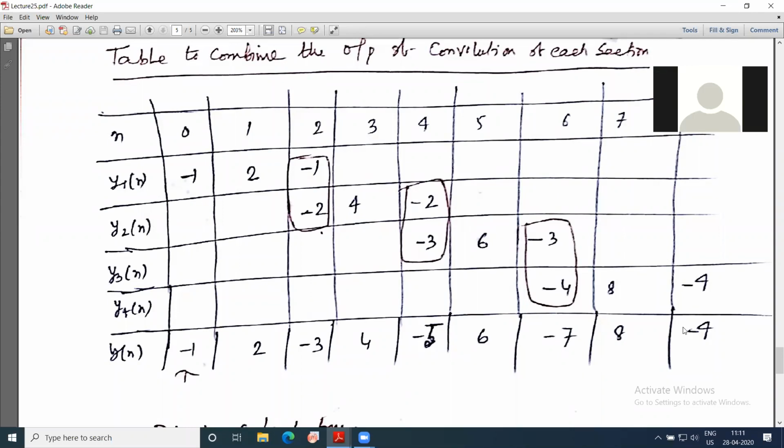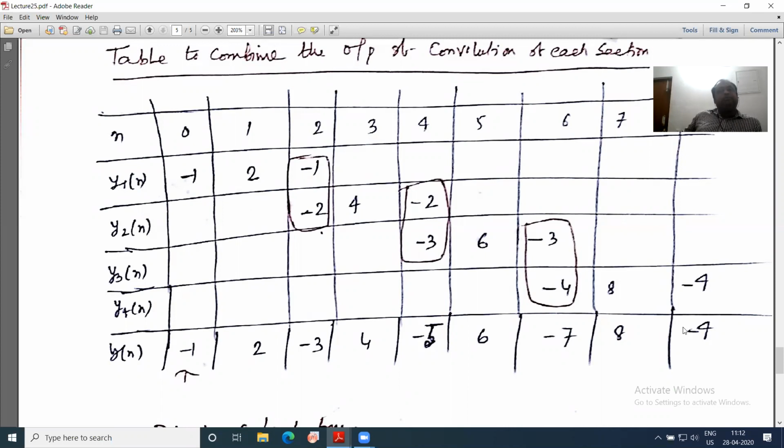Whatever section is available, I compute the convolution and store the result. When the next section is available, I compute the convolution and store the result. As the data becomes available one by one, I keep on computing. If we wait for the entire data to be available, there will be wastage of time.